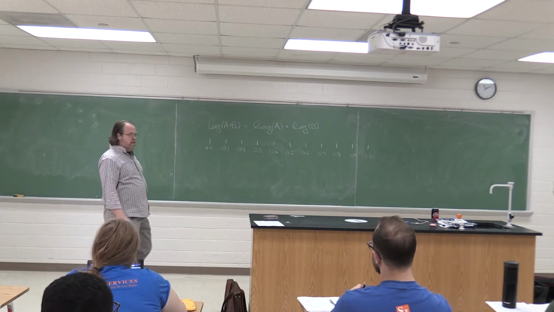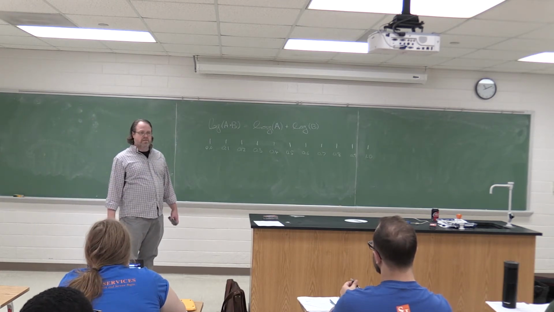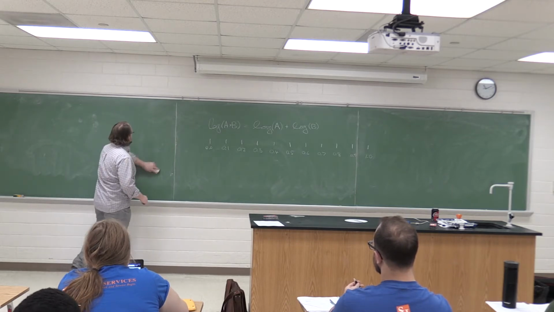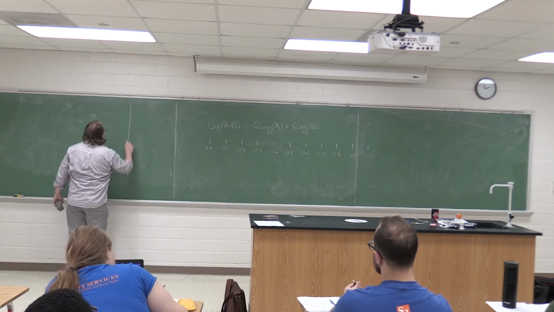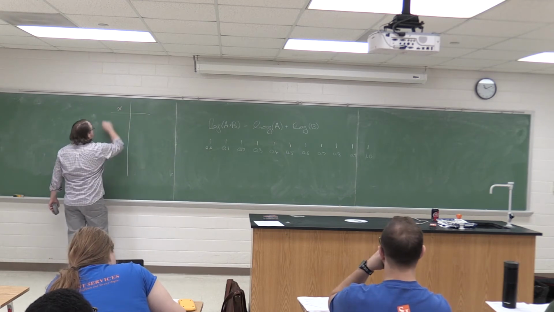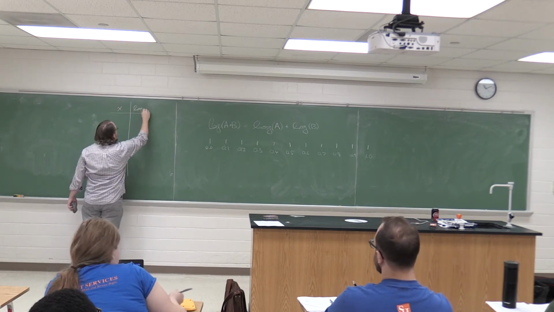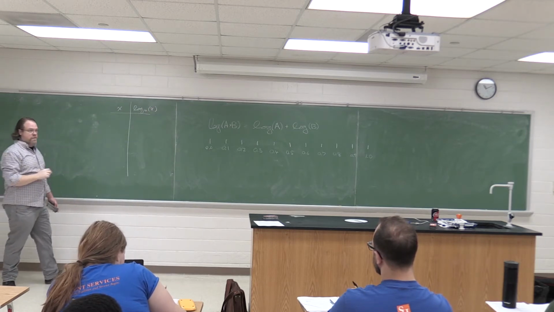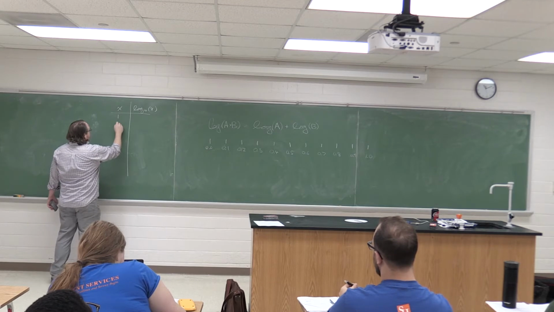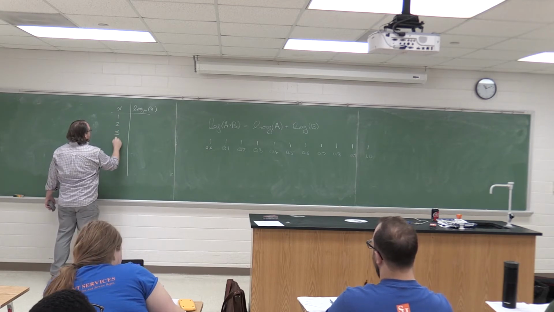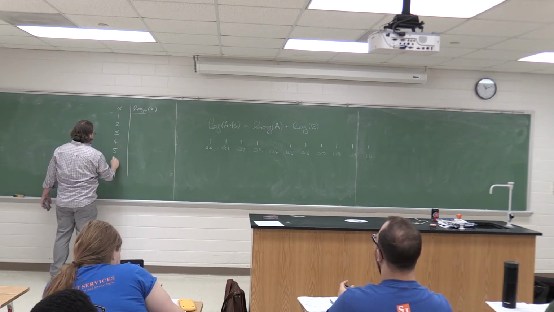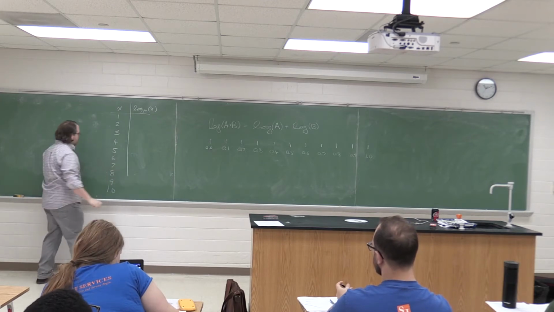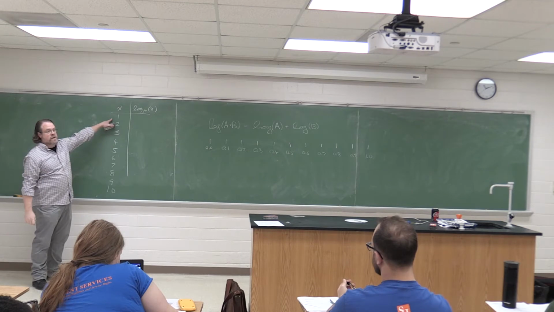What's log base 10 of 1? 0. Yeah. Let's do a little table. Let's do x and log base 10 of x. And I want to go 1, 2, 3, 4, 5, 6, 7, 8, 9, 10. Should have noticed I did not start with the scale at 0.